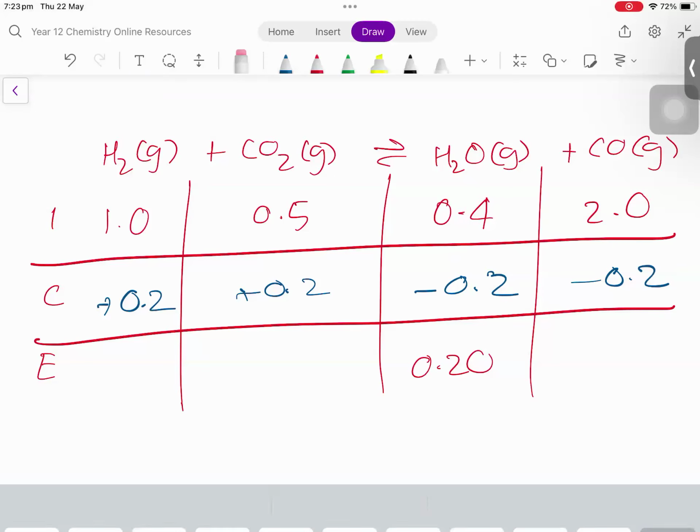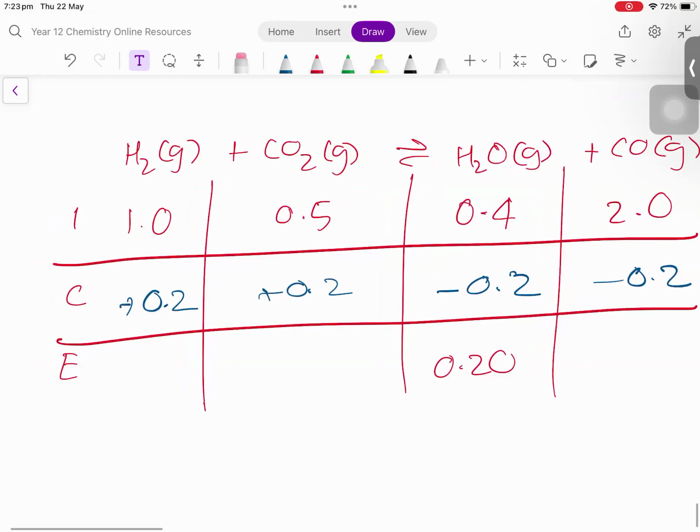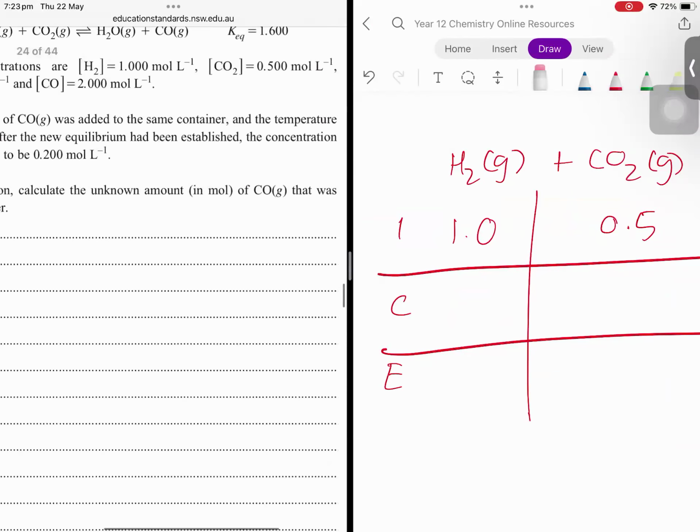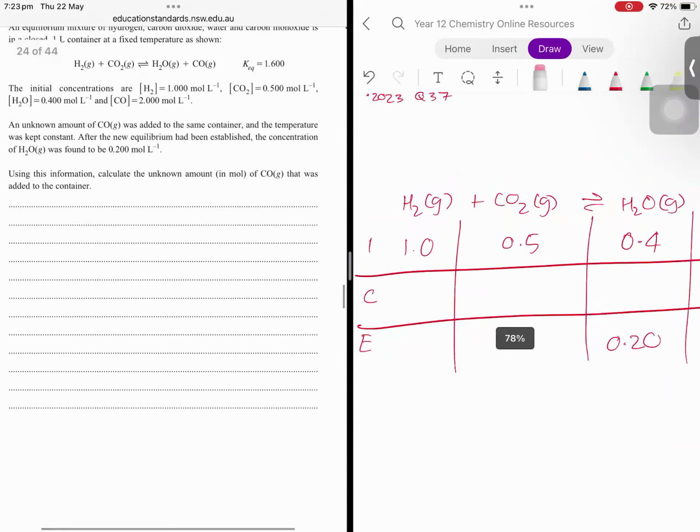And also they asked you for an amount in the ICE table, which means we're missing something here. What did they ask you for? They asked you for the unknown amount of CO that was added to the container.